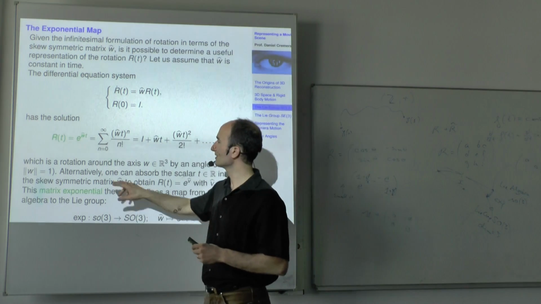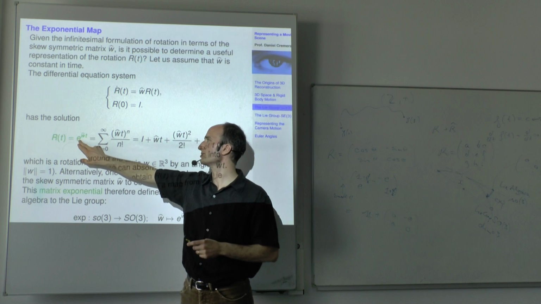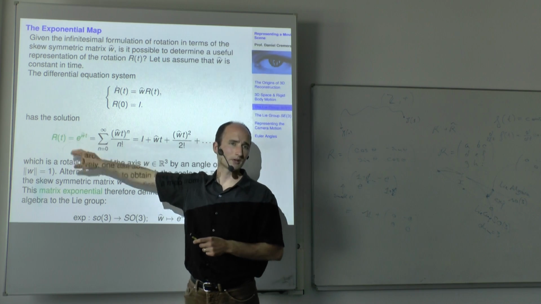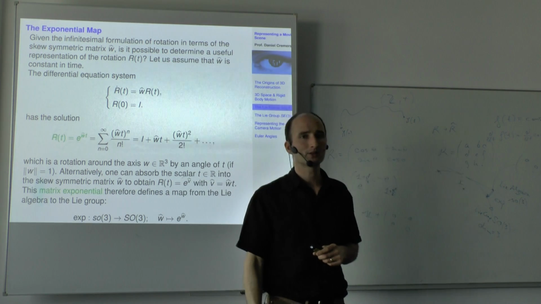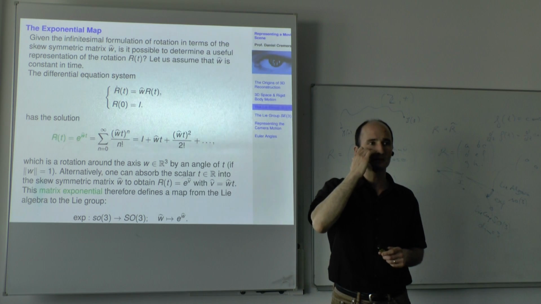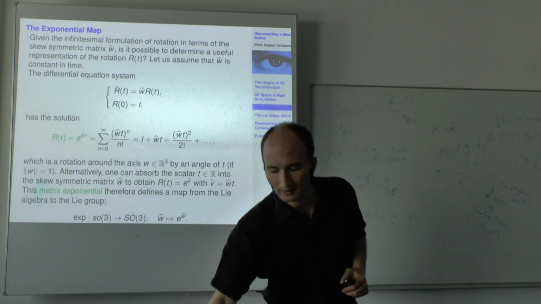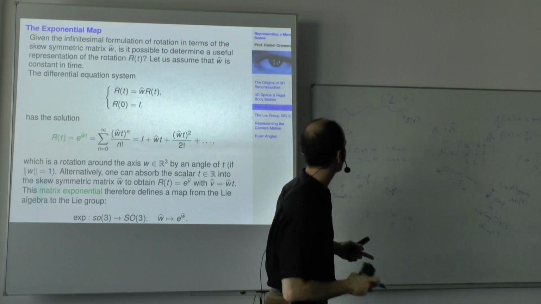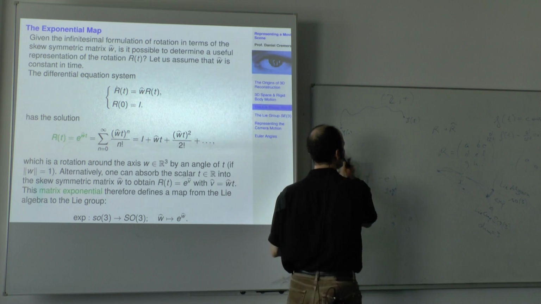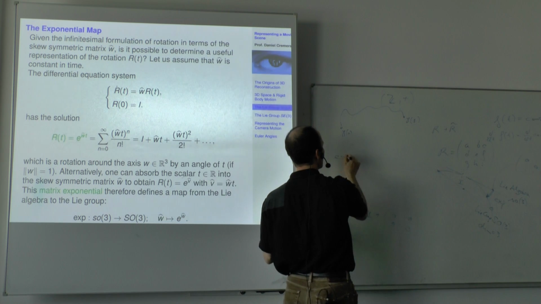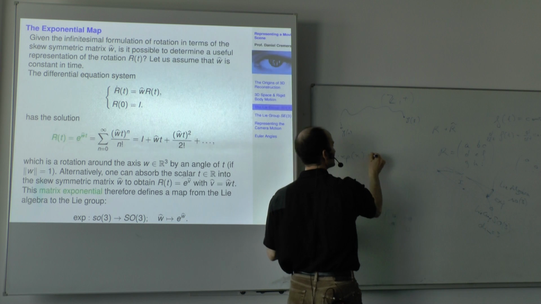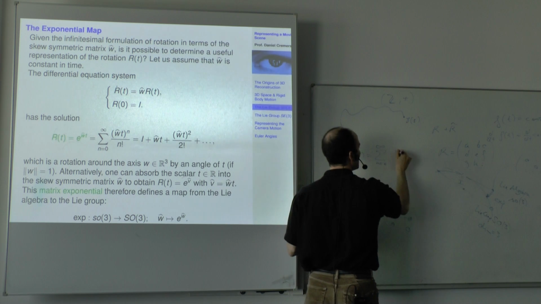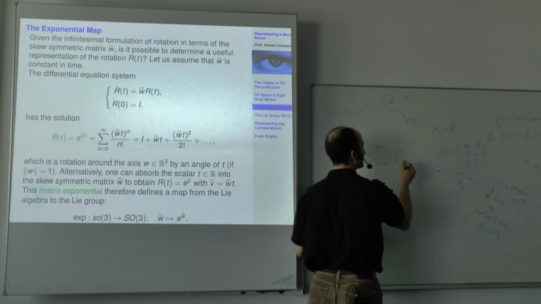Something you may not have encountered frequently is an exponential of a matrix. So e to the power of a matrix. I don't know, have you seen that anywhere? It's actually not so different from using standard exponential mapping. The way the exponential map is defined, e to the x for any x is given by the sum over n equals 0 to infinity, x to the n over n factorial.